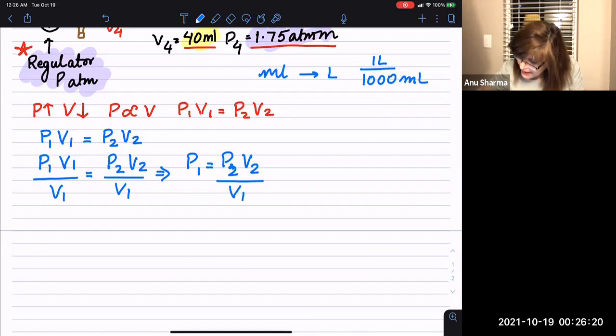If you were to find V1, you would do the same process. Now let's look at this problem.